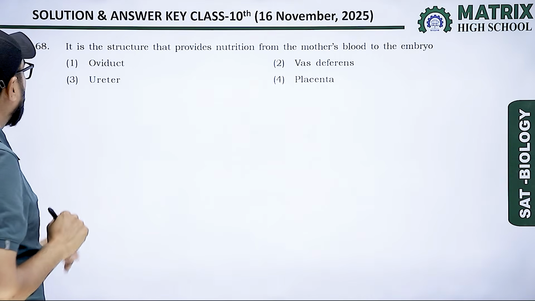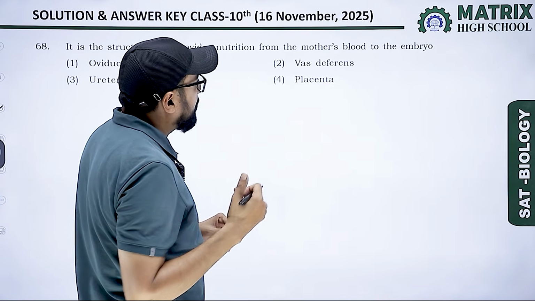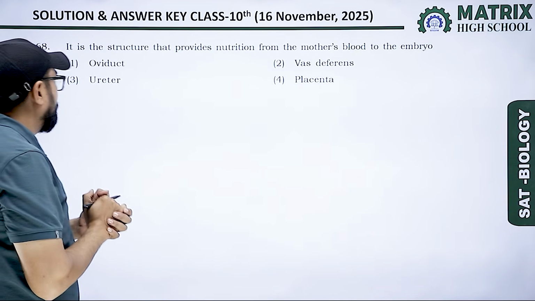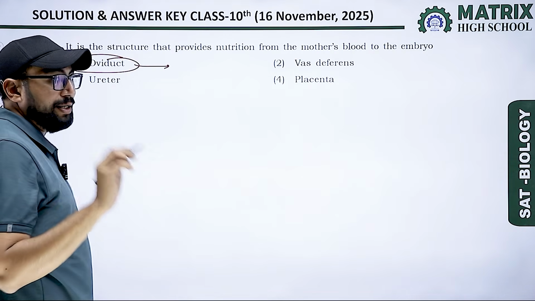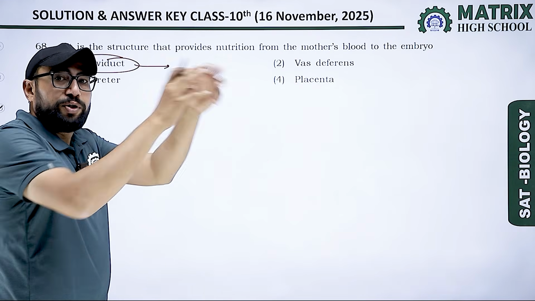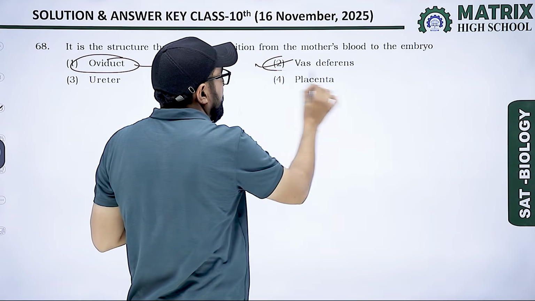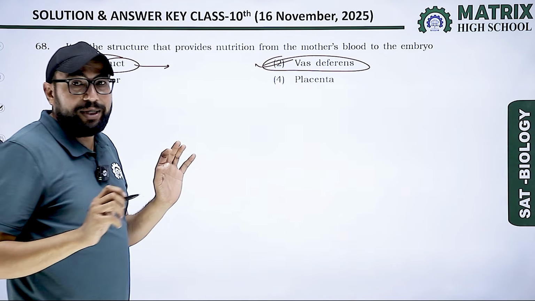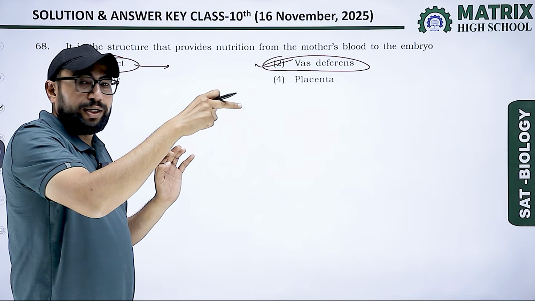Next, the structure that provides nutrition from the mother's blood to the embryo. The oviduct is the fallopian tube, which helps in transfer of ova from the ovary to the uterus. The vas deferens is present in males, a pathway from the testes to the ejaculatory duct.